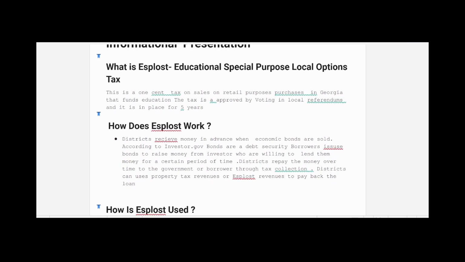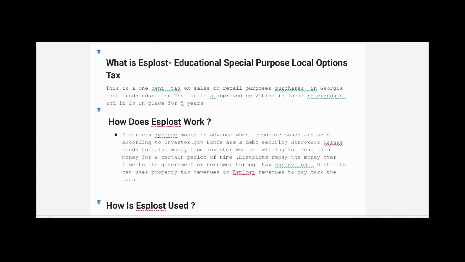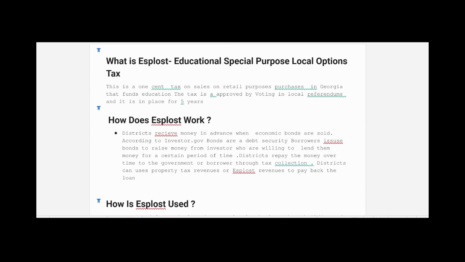So you ask, how does ESPLOST work? Well, after it is voted upon by the residents of the communities, such as Savannah and Fulton County districts, school districts receive money from the economic bonds, and the economic bonds are basically ways for them to return the tax.